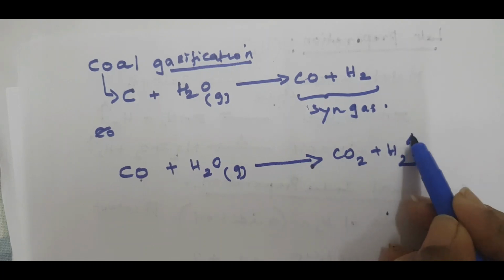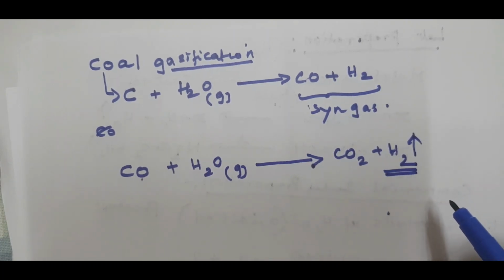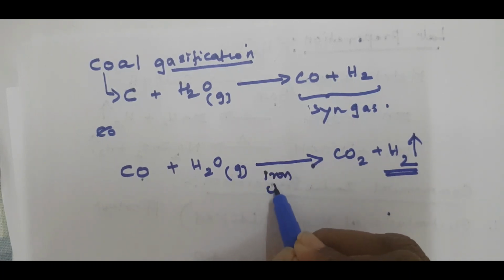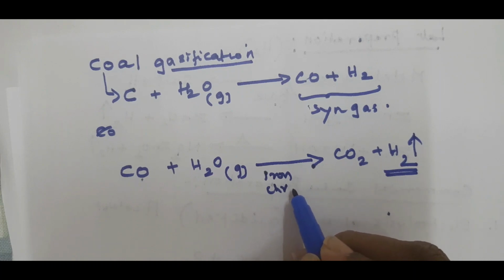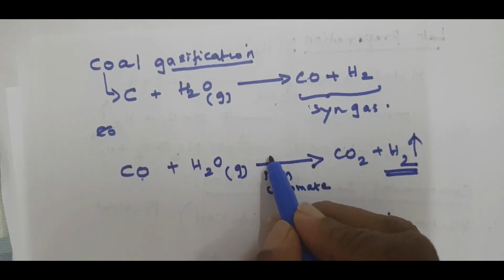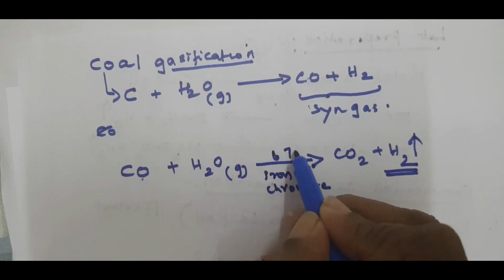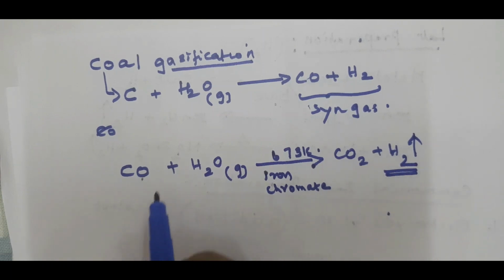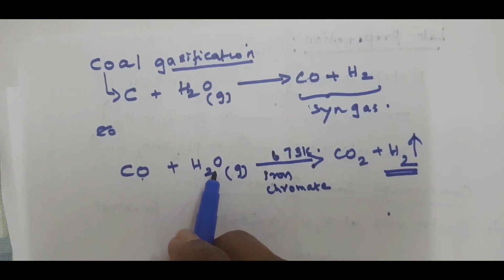Again there is formation of hydrogen. This is done with a catalyst, iron chromate, FeCr2O3, at 673 Kelvin, and you will again get a good yield of hydrogen. This process is called the water gas shift reaction.